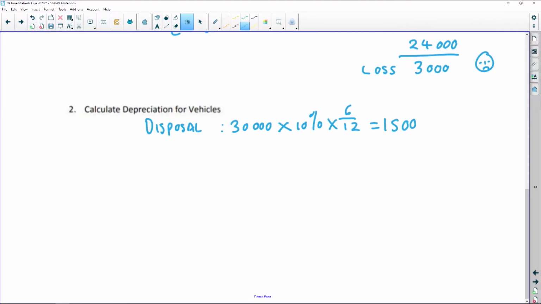Let's now look at the calculation in terms of depreciation. Right, so question 2 wants us to calculate depreciation on vehicles. And remember guys, whenever they ask you to do the calculation, please make sure that you break up vehicles as follows.